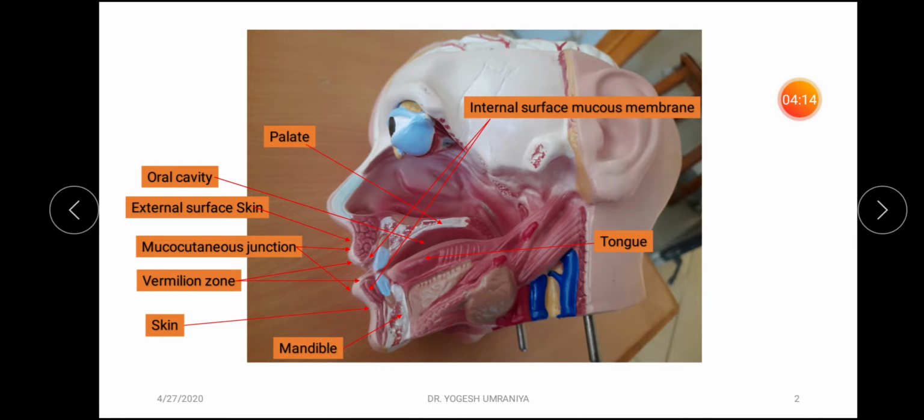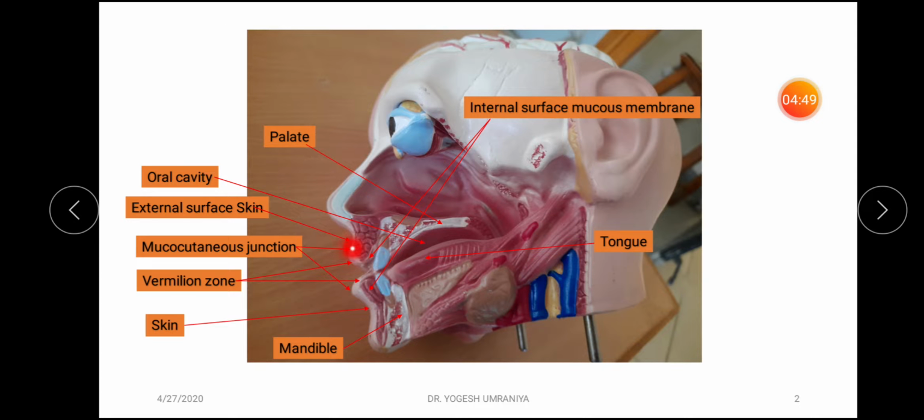Now what is the difference between the skin and modified skin that you have to remember? The epithelium is different. Here in the skin, the epithelium is stratified squamous keratinized epithelium. Here the epithelium is of the stratified squamous parakeratinized type. The difference between keratinized and parakeratinized is that in the topmost layer of keratinized epithelium there is an absence of nuclei within the cells.